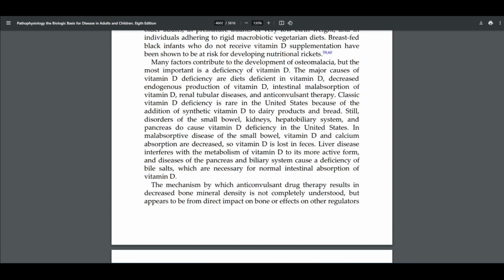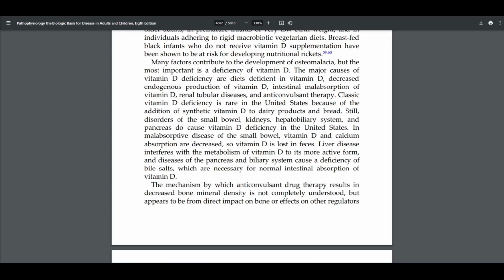Classic vitamin D deficiency is rare in the US because of the addition of synthetic vitamin D to dairy products and bread. Still, disorders of the small bowel, kidney, hepatobiliary system, and pancreas do cause vitamin D deficiency in the US.